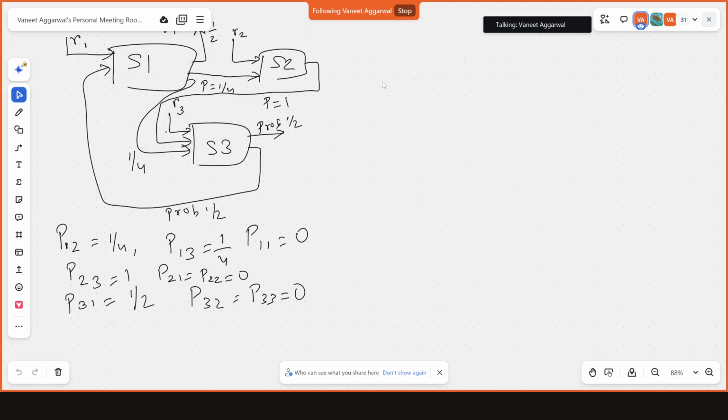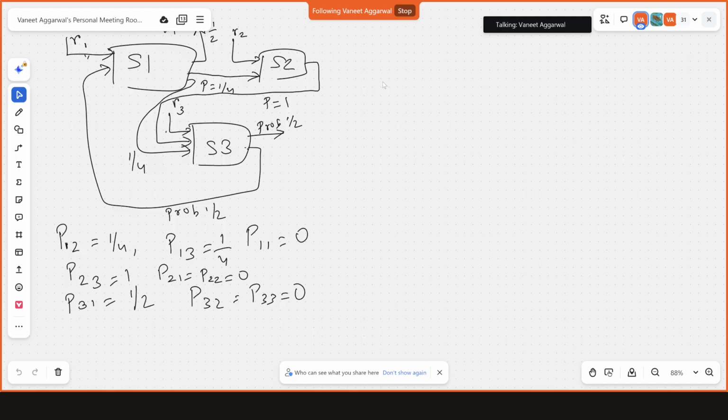It's not just R1. At the first server, people come in from external, as well as in this case, the people that are coming from server 3 with probability 1/2.